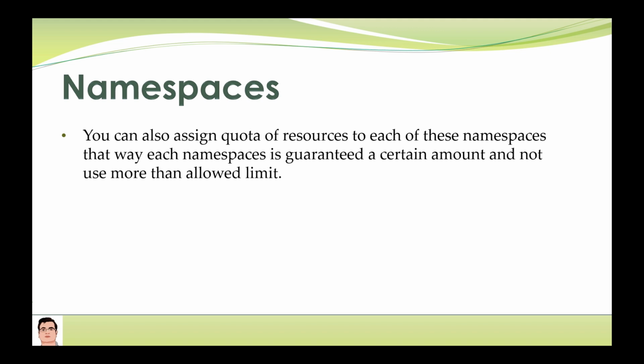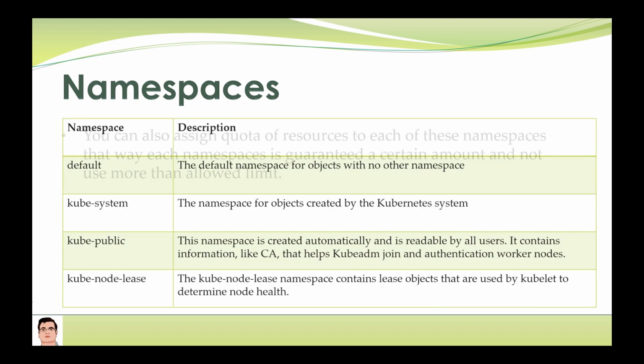You want to allocate the largest amount for the production environment, not for the development environment. So you can manage or assign quota as per the namespace. So it's guaranteed a certain amount, or not more than the allowed limit. Otherwise, it will complain if you create any objects that do not lie under the limit.